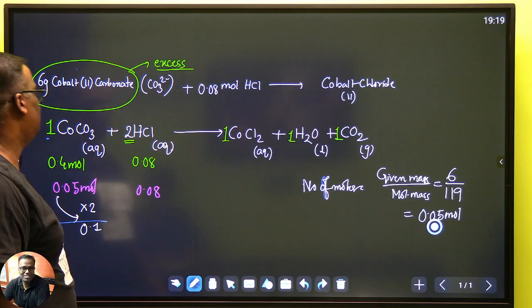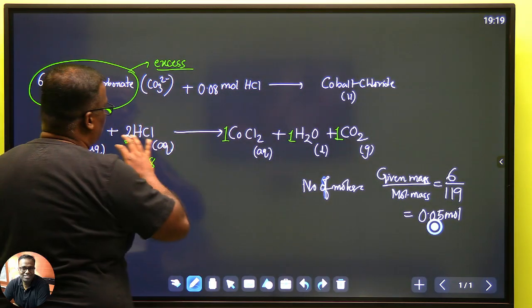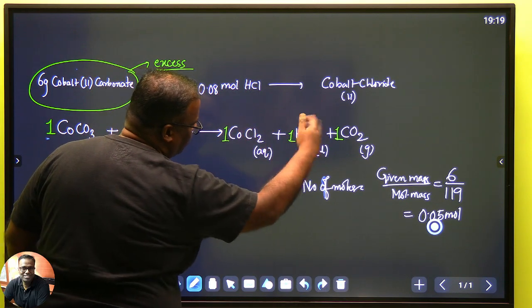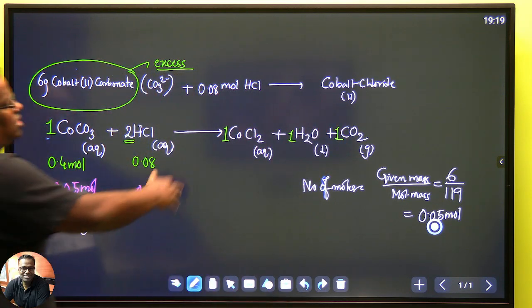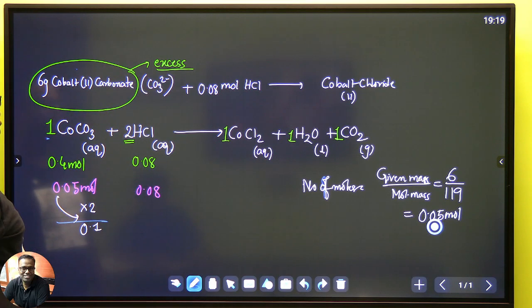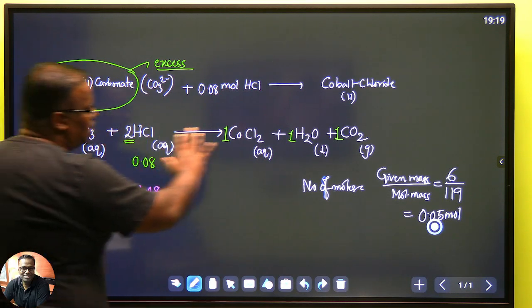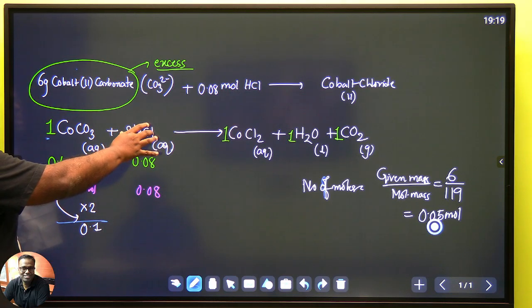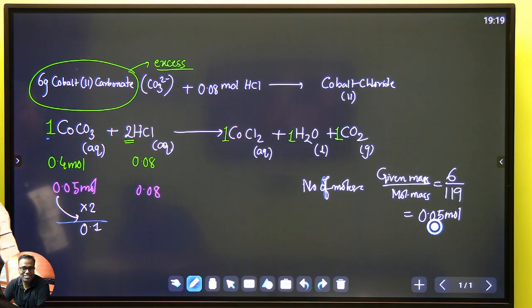How to prove it? We first wrote the reaction. Cobalt carbonate reacts with hydrochloric acid to give products. We don't need much from the product side, but still we have written the entire product side. Now after that you balance the equation. After balancing you find that 2 moles of HCl react with 1 mole of CoCO3.